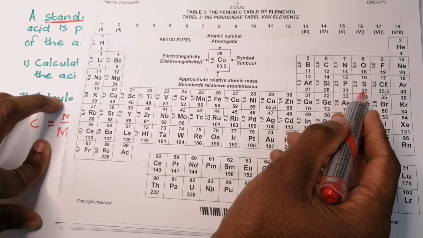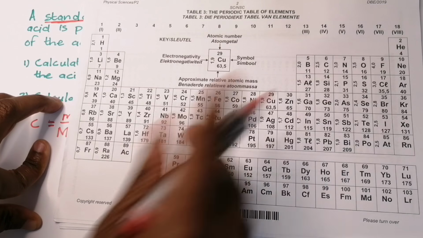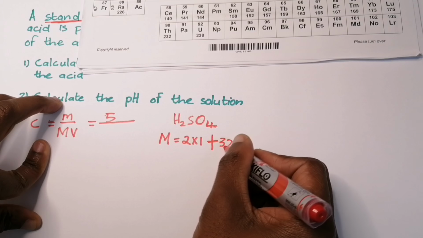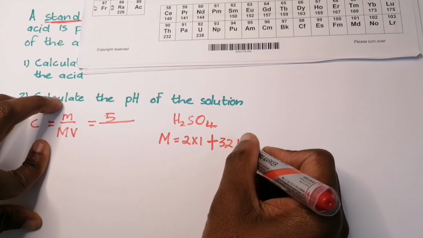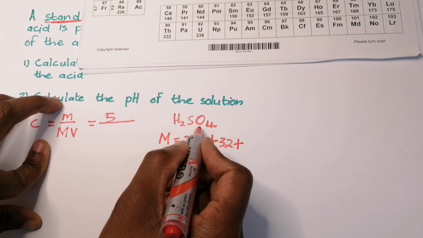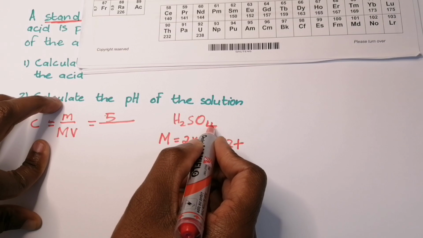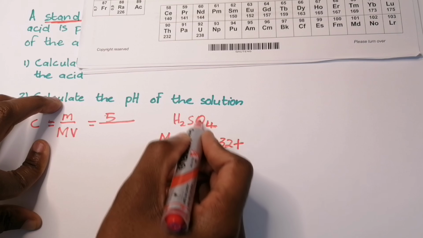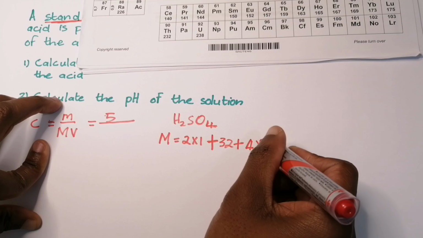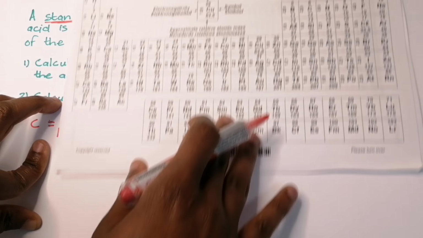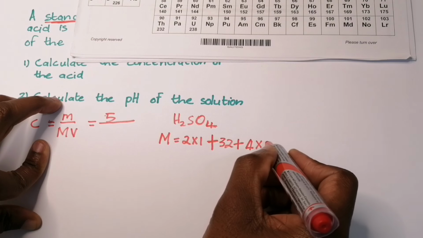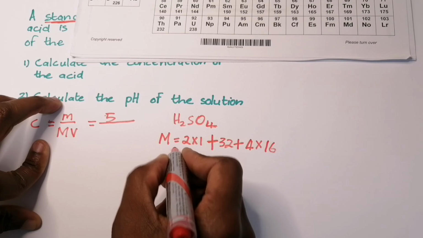There's my sulfur molar mass there, it's 32. So it's plus 32, plus, and I'm adding again because I'm going into a different atom. I've got 4 oxygen atoms, so I'm going to say 4 multiplied by the molar mass for oxygen. There it is there, that's 16. So in this case, 4 multiplied by 16.